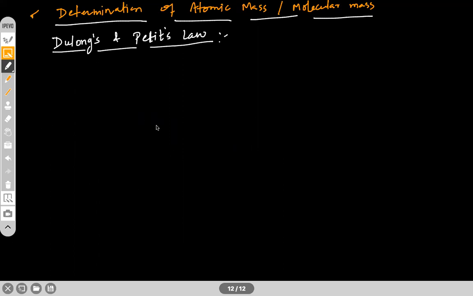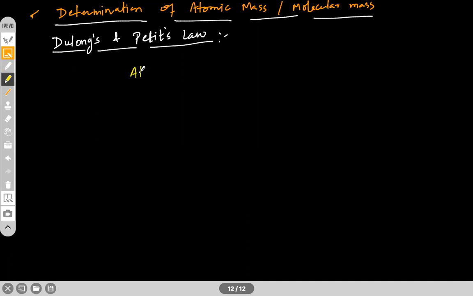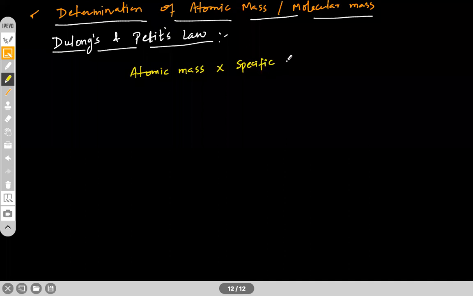Okay. So this law gives us the relation of atomic mass into the specific heat capacity. And the unit of specific heat capacity must be in CGS, okay?